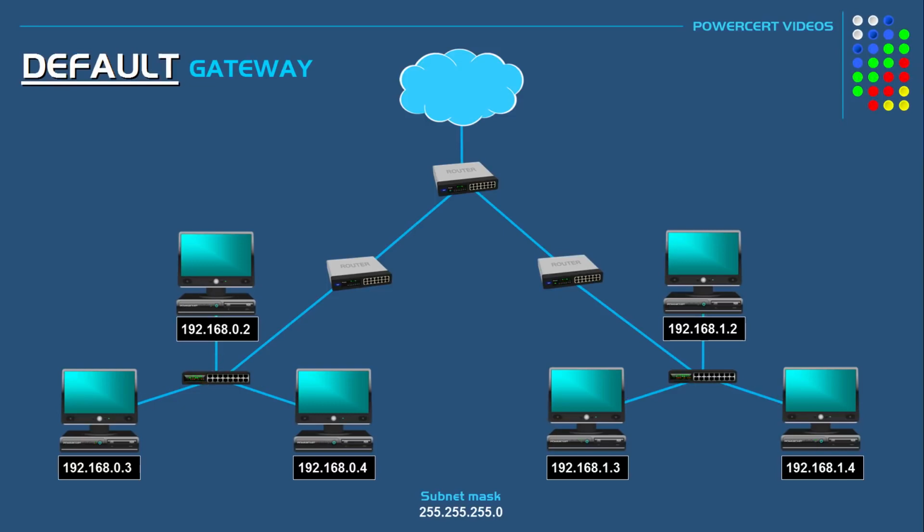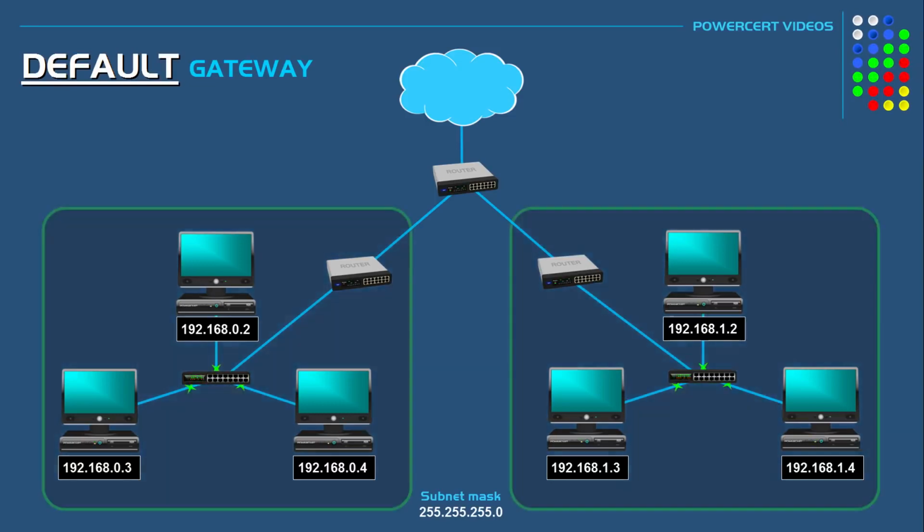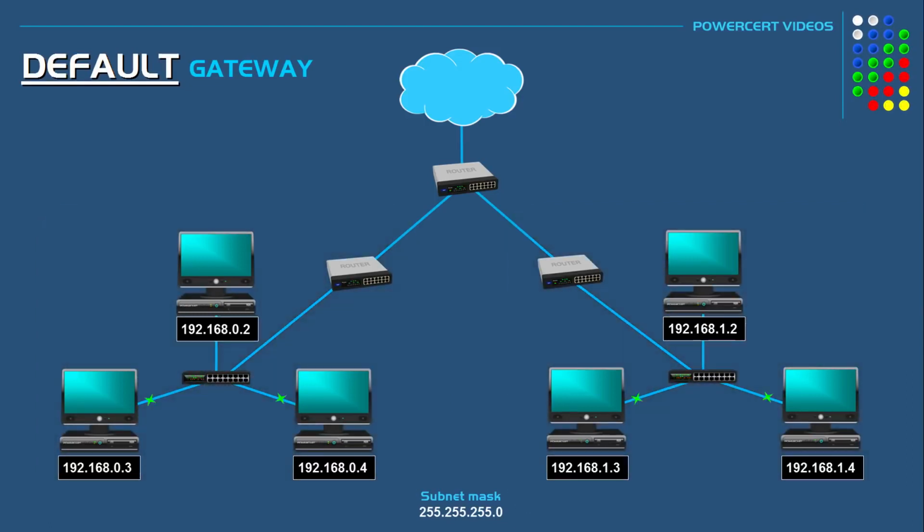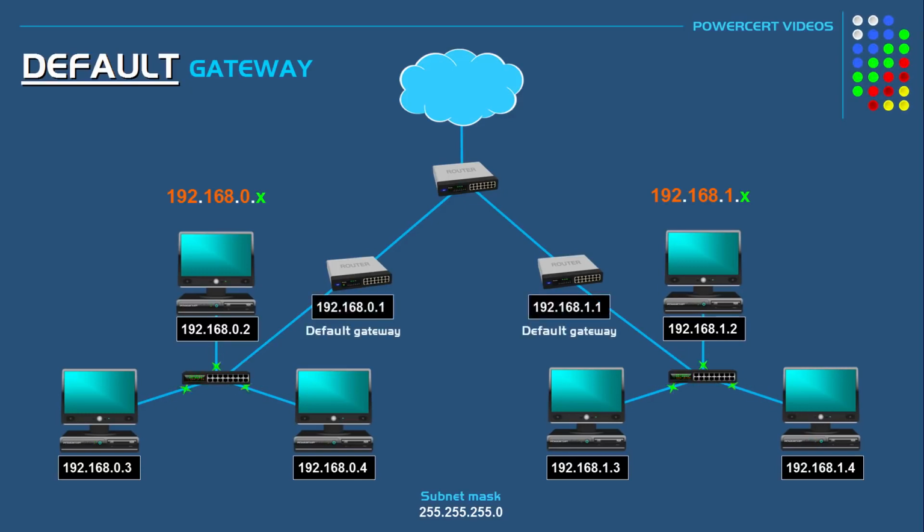Here we have a private network that has been divided into 2 subnetworks, or subnets. The subnet on the left is on the 192.168.0 network, and the subnet on the right is on the 192.168.1 network. And each subnet has their own default gateway.